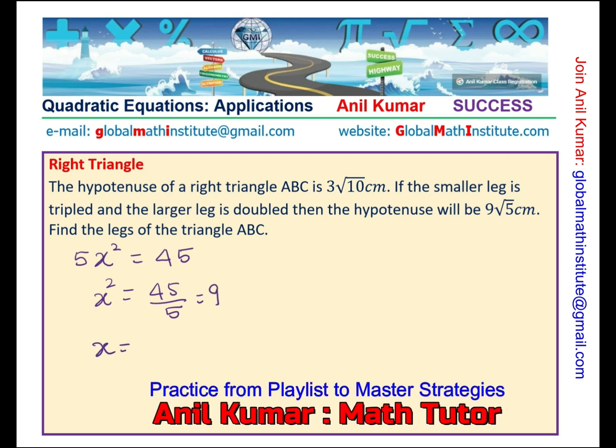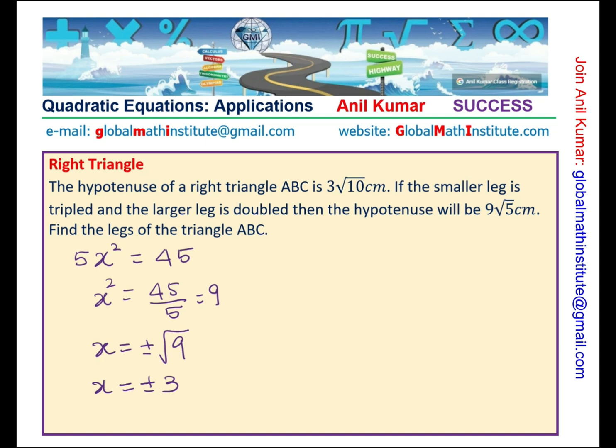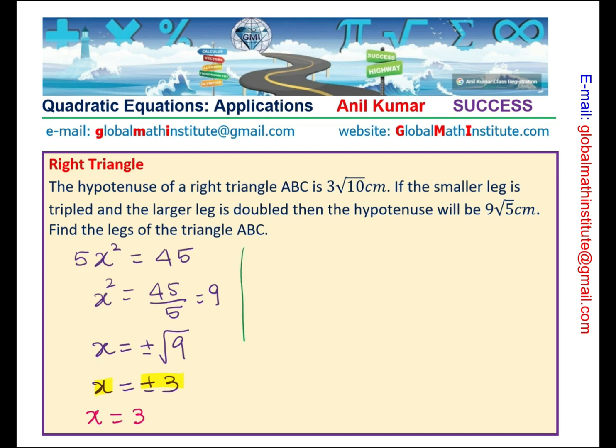And when you take the square root, you get plus and minus square root of 9, which gives you x equals plus or minus 3. As you can see, x cannot be negative, right? So we'll use only x as positive 3. So we have our solution as x equals 3, one of the dimensions.